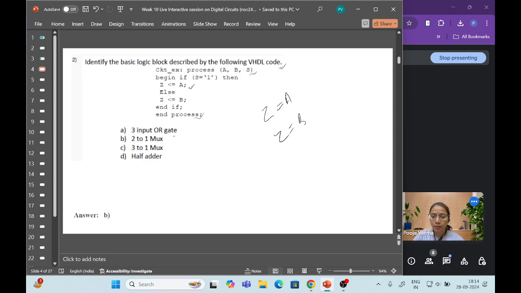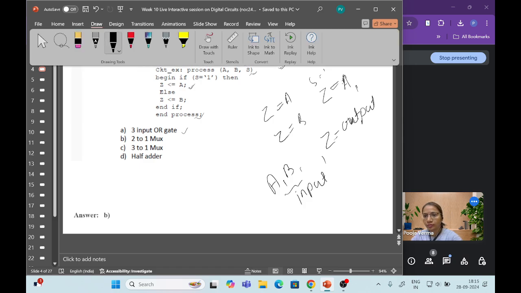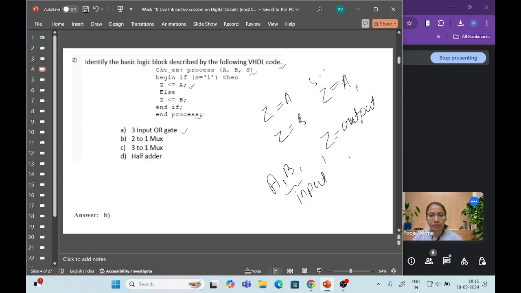The first option is a three input OR gate. No, here Z is represented as the output, because it is given that if S is equal to 1, then the output is A, otherwise B. So A and B are the inputs, and Z is the output, and S is the selection line.